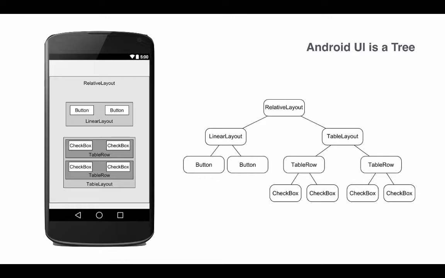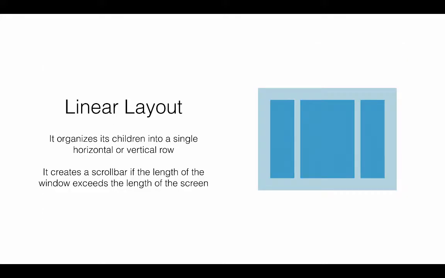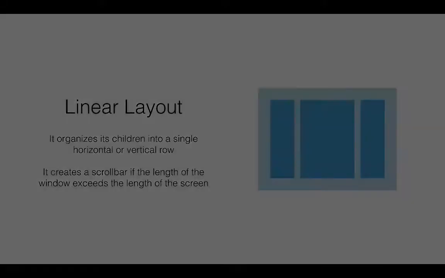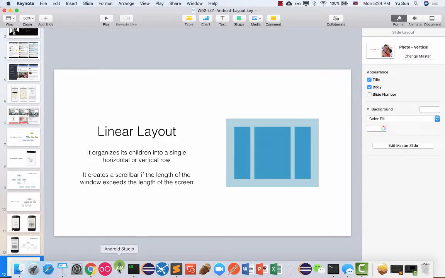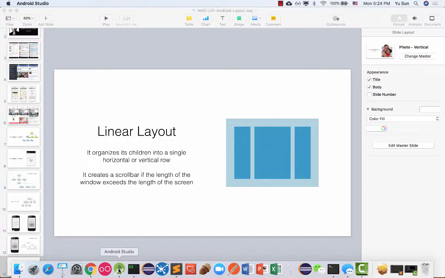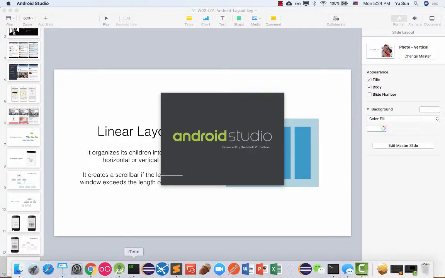All right, so let's start with something very concrete. I'm going to start talking about the linear layout. Let me create a new project. Let me also open my Genymotion. I'm going to start a new project, and I have also checked all the code into that GitHub repository. You should be able to find it in the Blackboard.